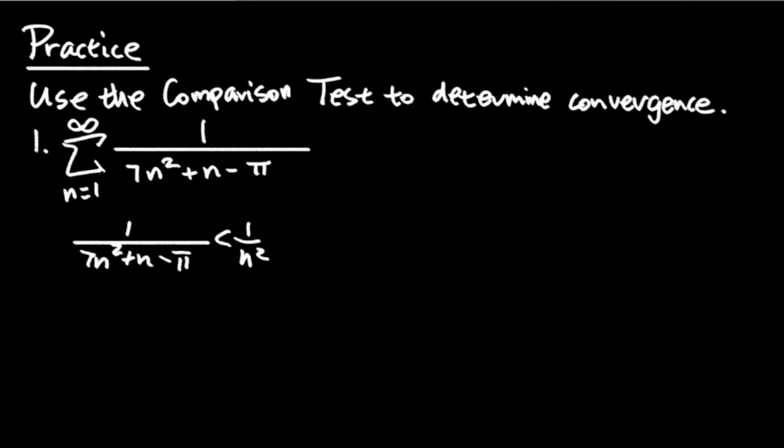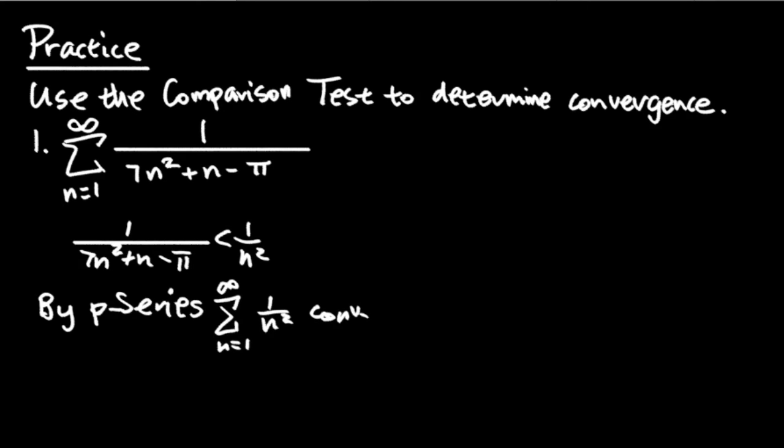And by the p-series test, the infinite summation of 1 over n squared converges. Therefore, by the comparison test, I'm just going to put comp test, our series over here must also converge.